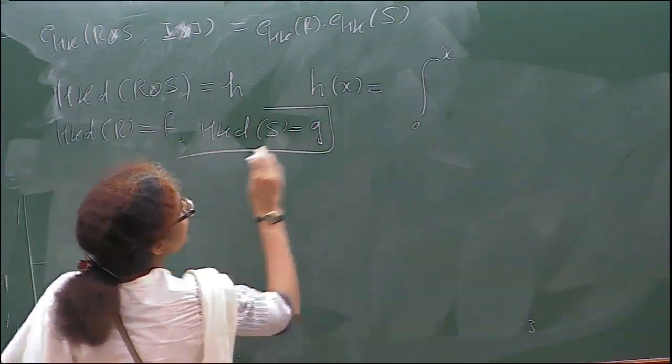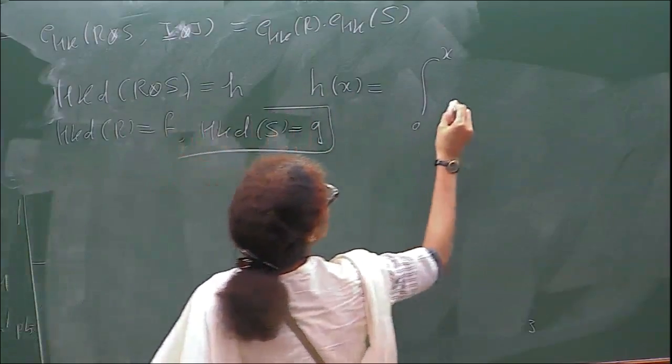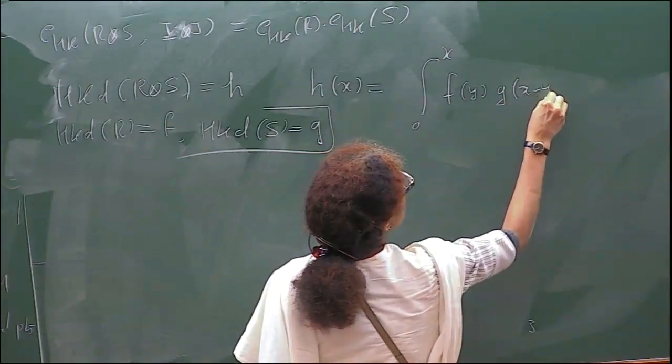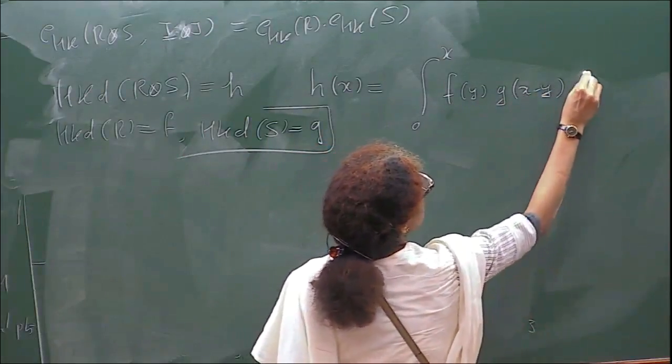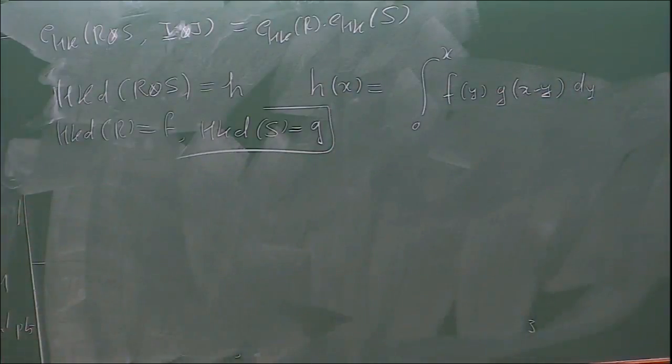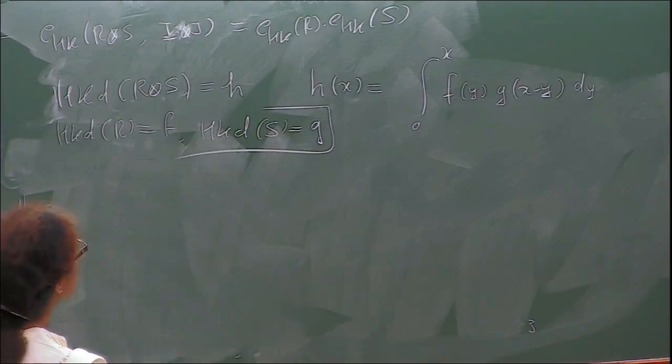Suppose this is given to you, then the HK density function of the tensor product is the integral of f(y) g(x minus y) dy. So it's a convolution function. So this suggests something. We'll come back to this later, in fact very soon.